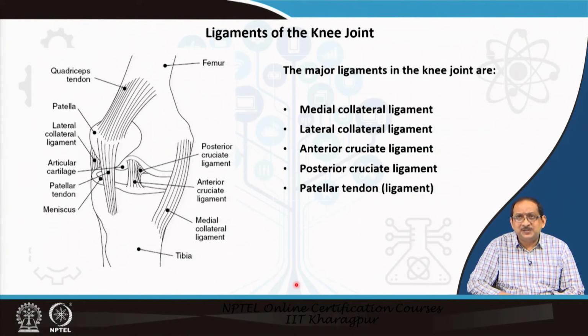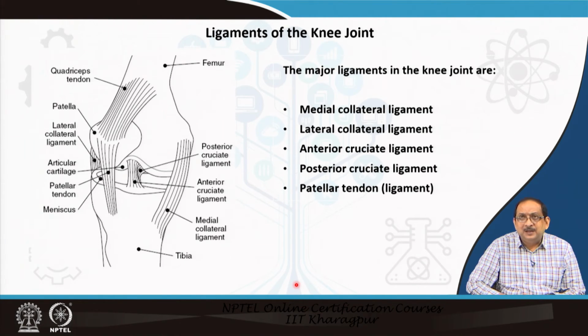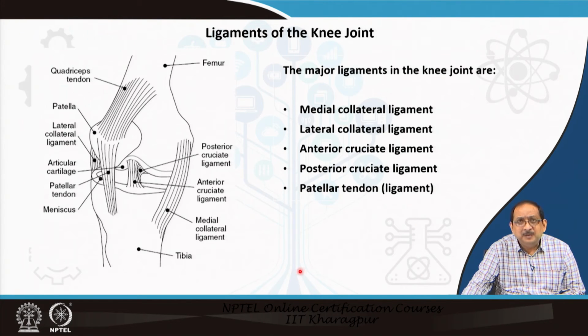Let us now discuss the ligaments of the knee joint. The ligaments are the primary stabilizers of the knee joint, and the major ligaments in the knee joint are the medial collateral ligament and the lateral collateral ligament, as indicated in the figure, on the medial and lateral sides of the knee joint.